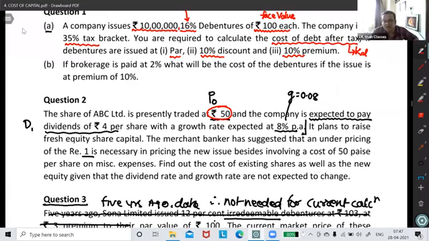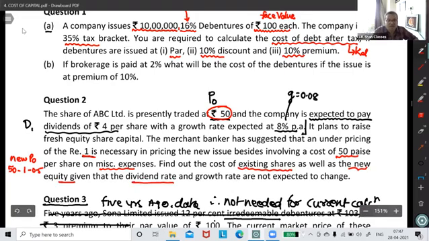Besides involving a cost of 50 paise per share on miscellaneous expenses. So guys, what will be the new P0? 50 is the price, minus 1 rupee, minus 0.5. Did you understand this, guys? 48.5. Okay. Find out the cost of existing shares as well as new shares, given that dividend rate and growth rate are not expected to change.